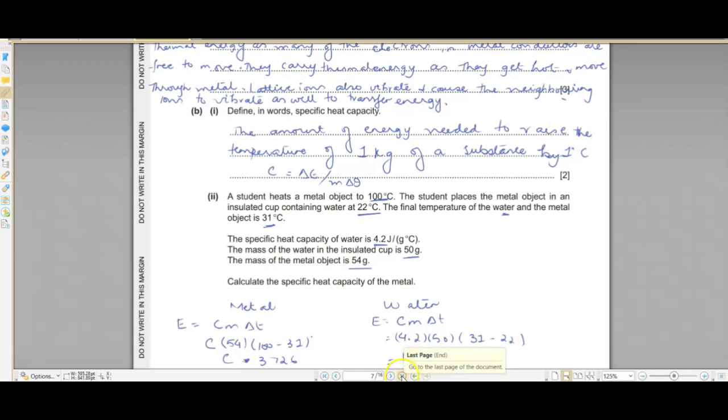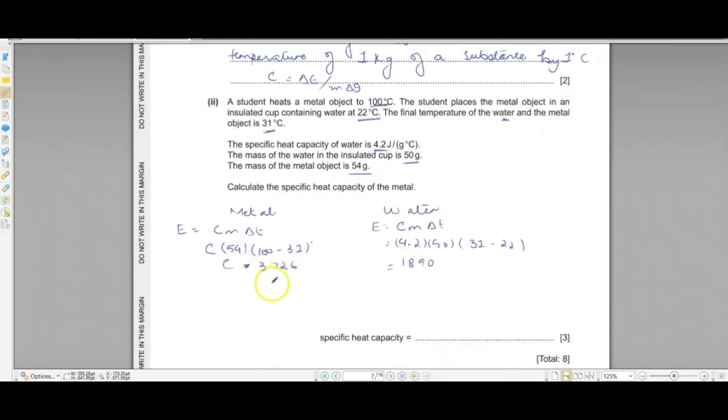So C is going to be, once we have both these energies, so C is going to be 1890 by 3726, and this is going to give you an answer of 0.507 joules per gram per degree, whatever you like.